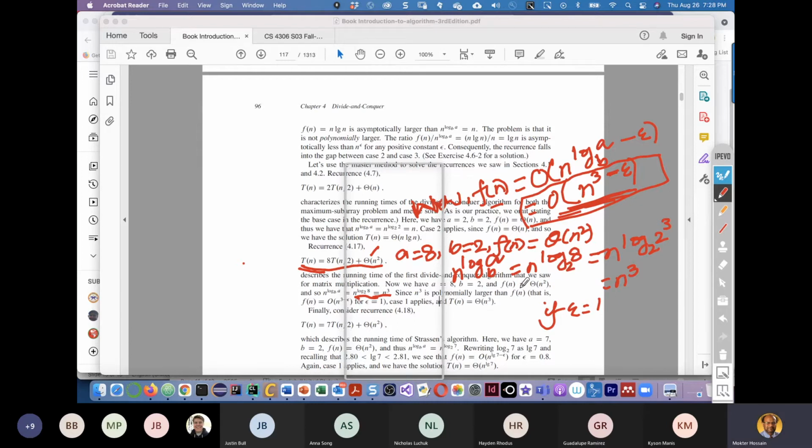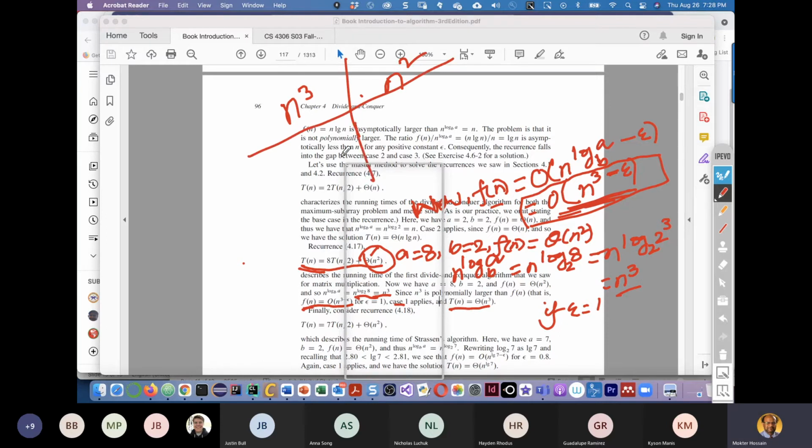So for epsilon equal to 1, f(n) equal to this one. That means it falls into case 1, and according to case 1, which one is the dominant part, n squared or n cubed? We have one side n cubed and another n squared.